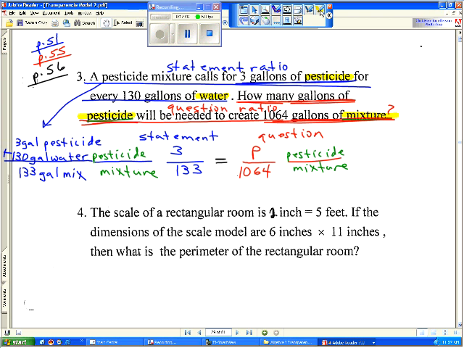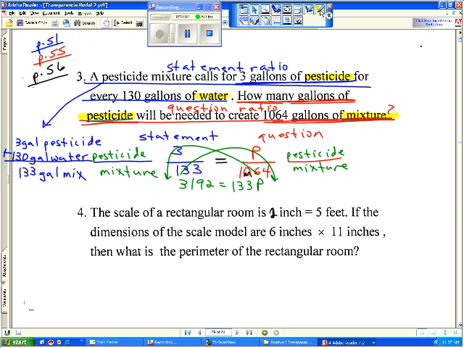Processes are important. We've got to be able to say them verbally to be able to do them without an open book test. 1,064 times 3 is 3192. Does that sound good? Good. Is equal to 133p.